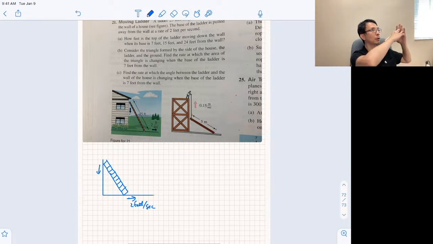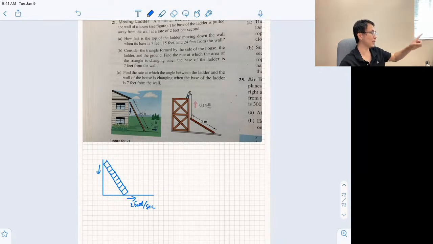But you're pulling it farther away, so when it's lower, it goes down faster, because you only need to pull a small inch to move a lot. So the speed increases as you pull away, although the bottom is pulling at exactly the same speed. Does that make sense? The bottom I can pull at the same speed, but the ladder's downward speed actually increases.